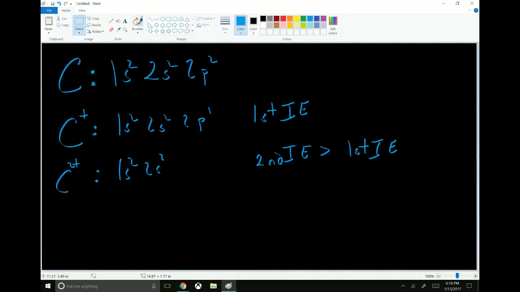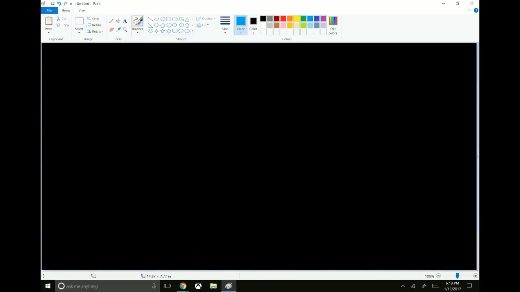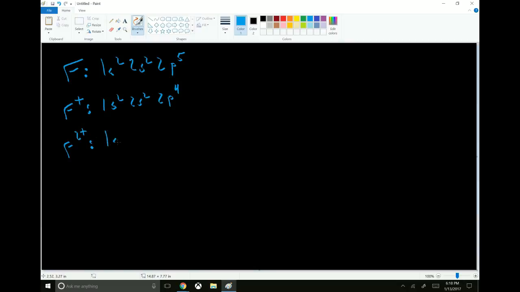Now let's look at some other interesting cases. So let's hop over to fluorine, at the end of the second row of the periodic table. 1s2, 2s2, 2p5. You remove 1, you get fluorine 1 plus, 1s2, 2s2, 2p4. You get F2 plus by removing the second. Second ionization energy is going to be higher: 2s2, 2p3.